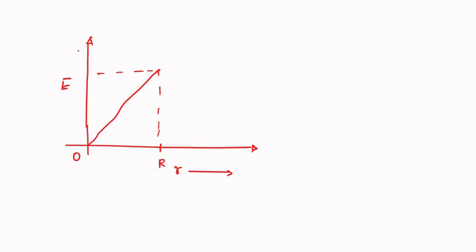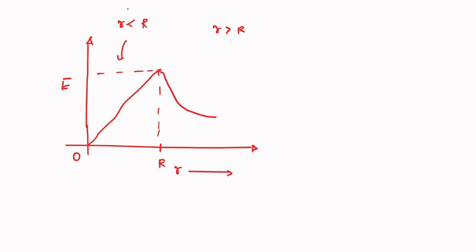Beyond this, r is greater than R, and it is inversely proportional to the square of the separation distance, so it decreases parabolically.